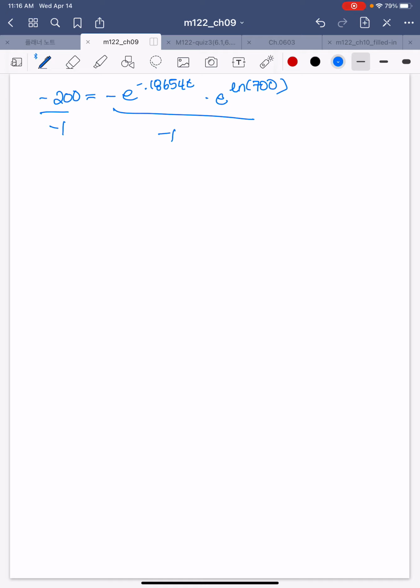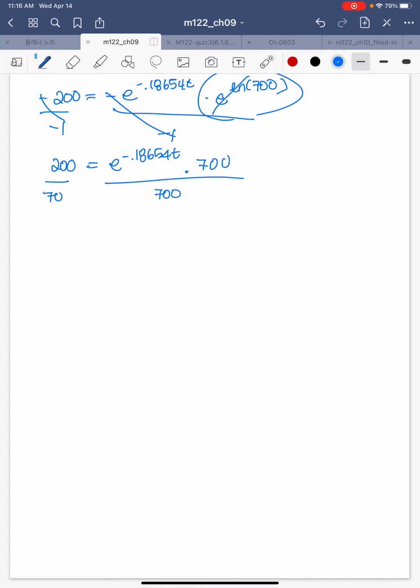So this will be 200 is equal to e to the negative 0.18654 t. This part here, the e and ln cancel out, which is just times 700. Divided by 700, I have 2 over 7 is equal to e raised to negative 0.18654 t.